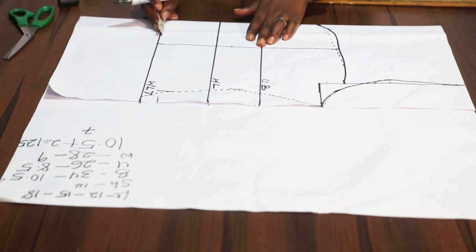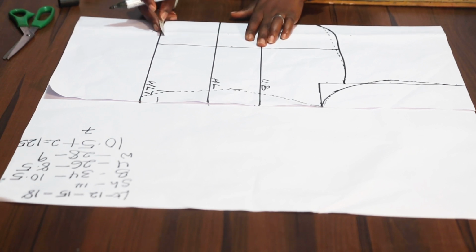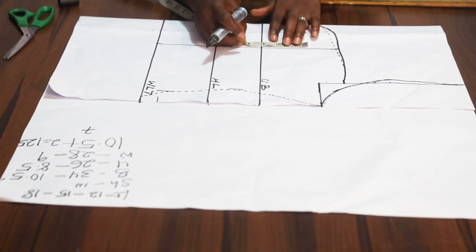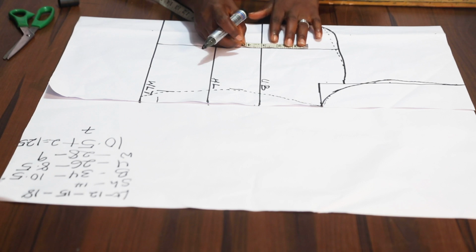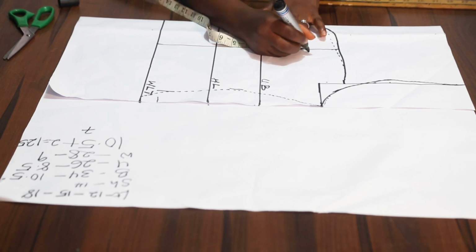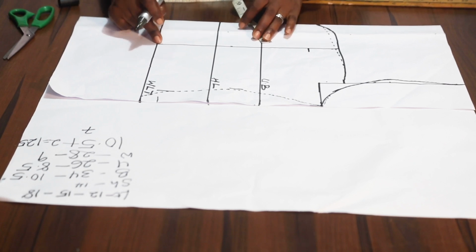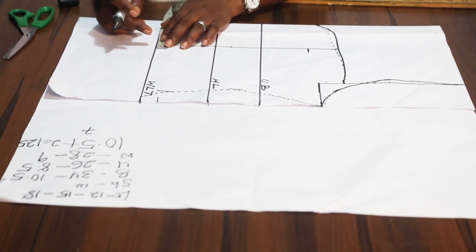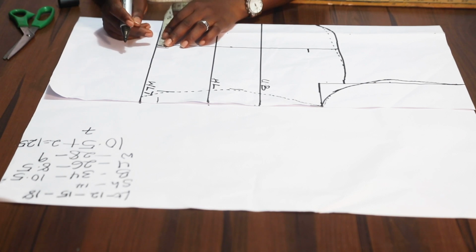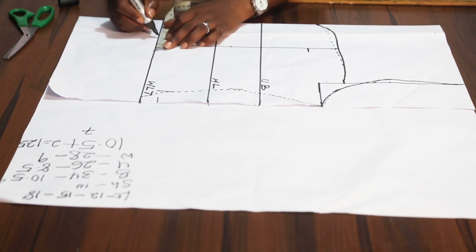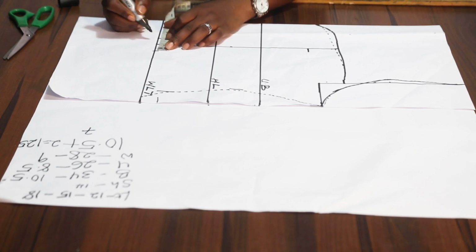Now, this is our underbust. From the underbust, we need to get the nipple point, which varies as well. For this particular measurement, the nipple point is 3 inches. And here from the base, we are going to be taking 1 inch to the left hand side, 1 inch to the right hand side.